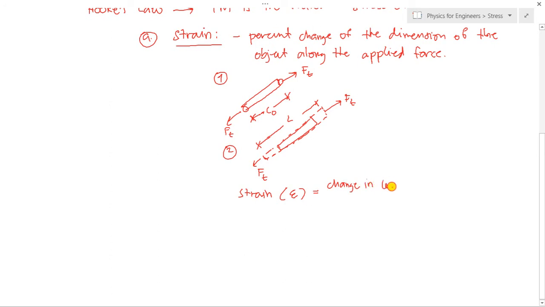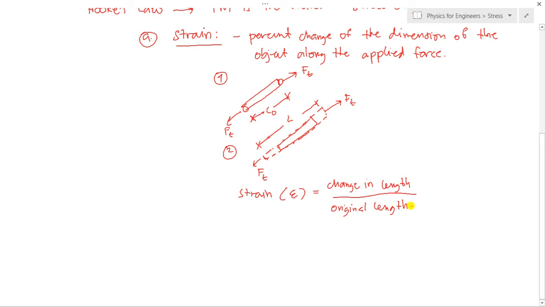The dimension should be along the applied force. Since the applied force is along this, length is what we consider. Change in length over the original length.